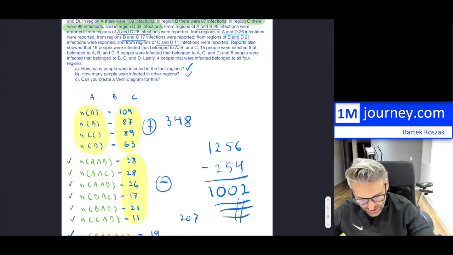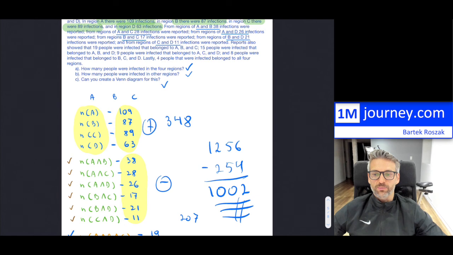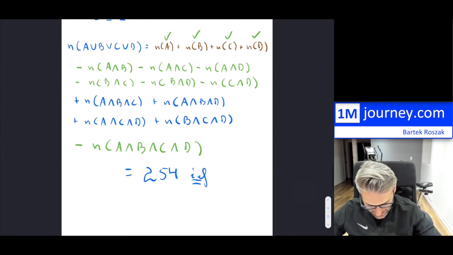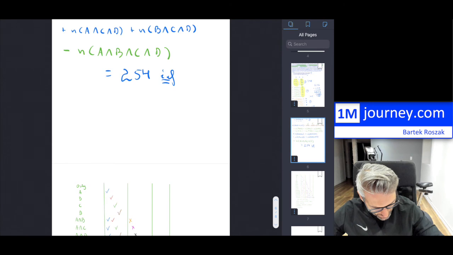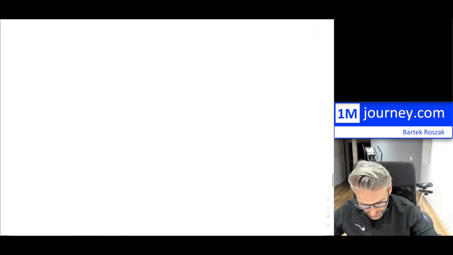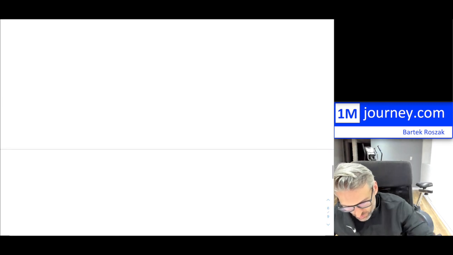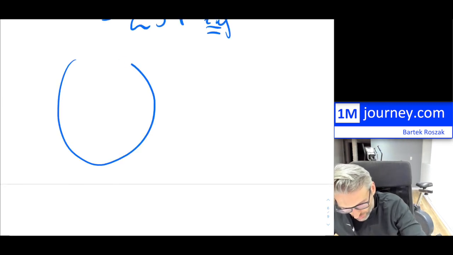And now the last question: can you create a Venn diagram with this? Creating a Venn diagram with these is really tricky. Let's put in another page and make this bigger. If you wanted to create a Venn diagram, you need 4 circles, right?